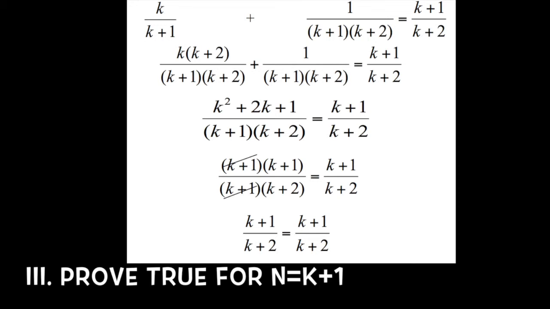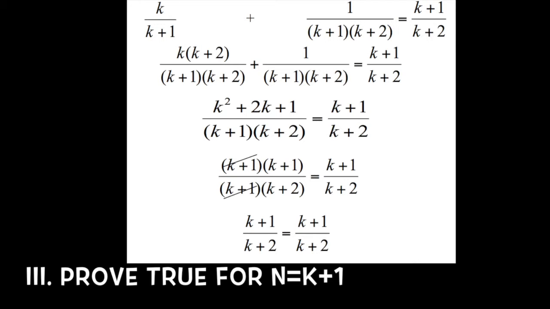Next, we will try to get the expression on the left side to have a common denominator by multiplying k over (k plus 1) by (k plus 2) over (k plus 2). After distributing and simplifying, we get the expression on the left to become (k squared plus 2k plus 1) over (k plus 1) times (k plus 2).